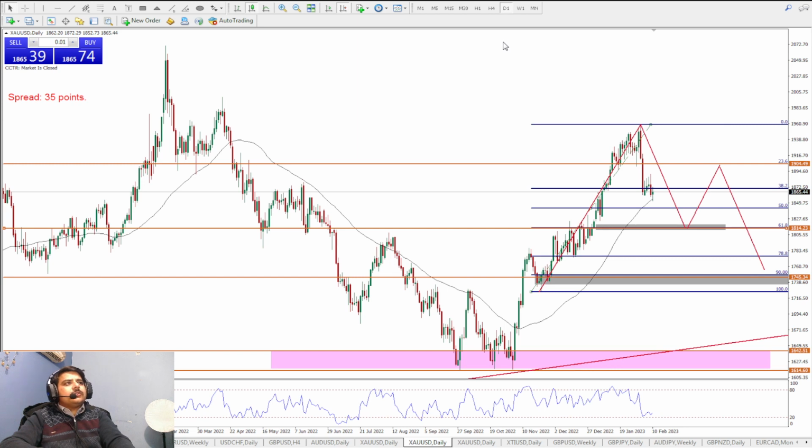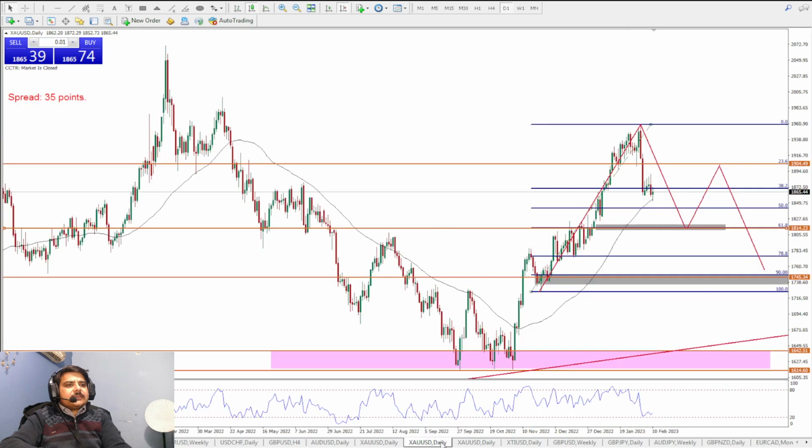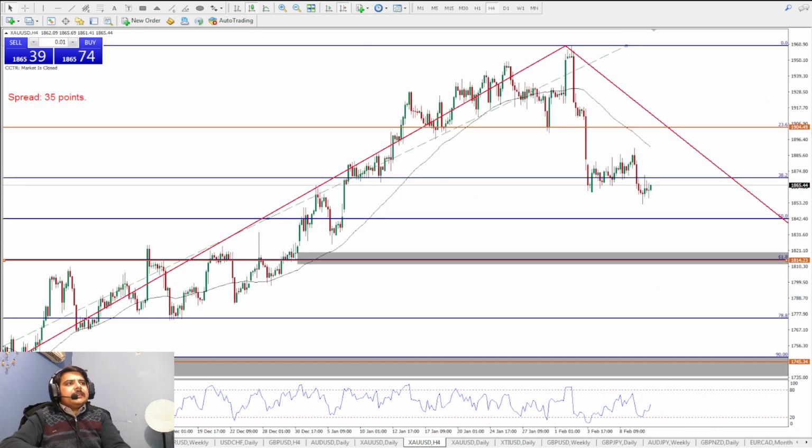So the gold on the weekly, like if we see right here on that chart, it is bullish. On the daily, it is giving us a bearish pattern. On the 4 hour, if we see the intraday level, well, I gave a call to close all of the trades because we have a broken structure right here.